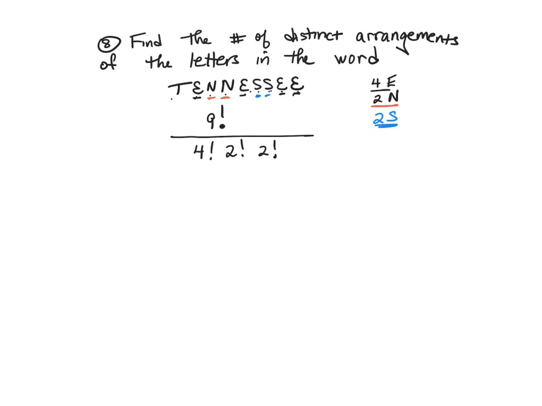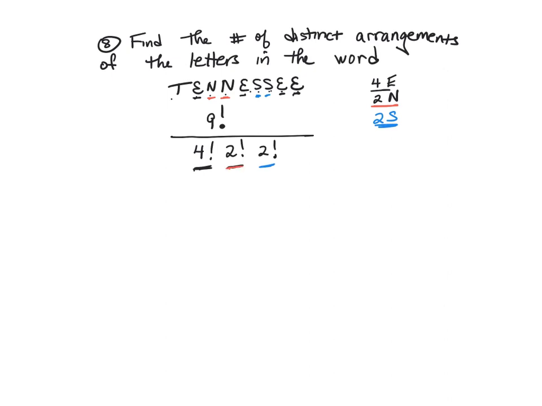Okay, so the word Tennessee has 9 letters, and if we had 9 distinct letters, there would be 9 factorial ways to rearrange these. However, Tennessee has 4 E's, so we divide by 4 factorial, 2 N's, so we divide by 2 factorial, and 2 S's, so we divide by 2 factorial.